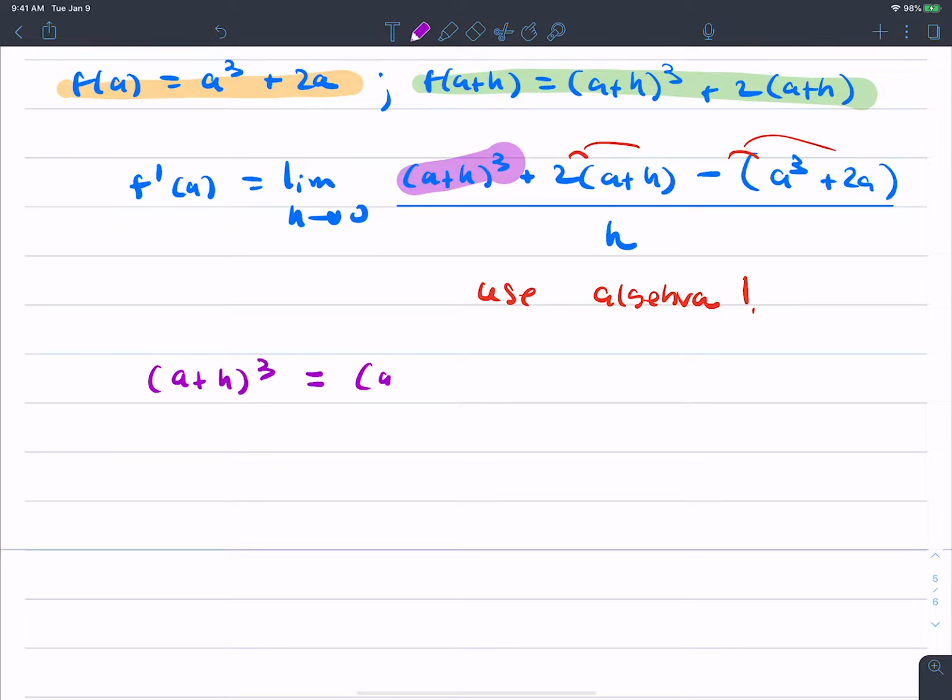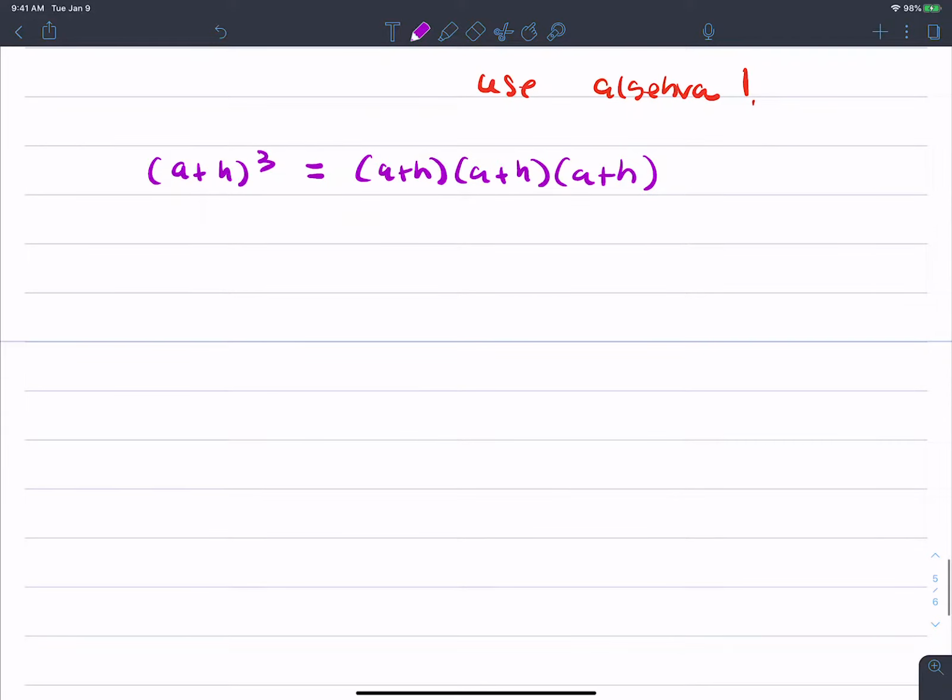By definition this is a plus h times a plus h times a plus h. There's a formula we can actually use to expand this, and I might talk about that in the future. But for now, use your FOIL here, and I'm going to show you the old-fashioned way. So you say this is a squared plus 2ah plus h squared. There's FOIL. And then you have this a plus h.